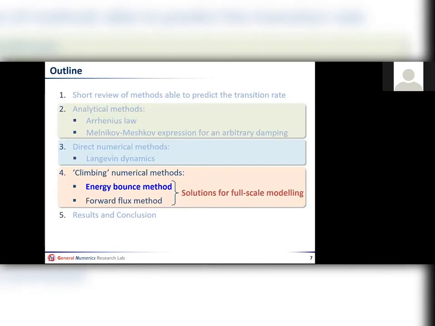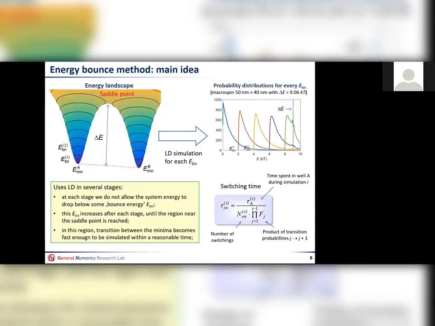Now I will concentrate on more advanced numerical methods which are able to cope formally with the energy barrier of any height. And we start with the energy bonds method introduced, not recently, but still during the last time, by Wong and Vischer. And the idea is if you have an energy landscape with a corresponding saddle point, then you divide your energy landscape into energy levels.